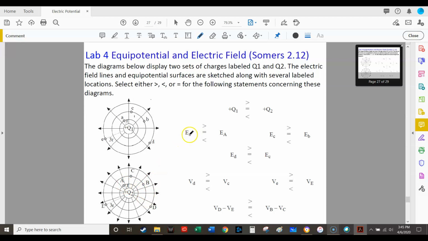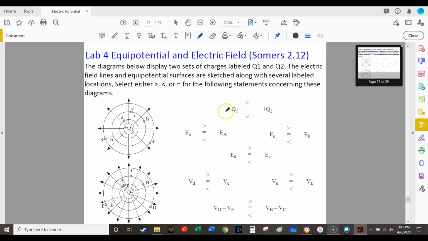So here we have E lowercase a compared to E capital A there. So that means we're comparing the electric field at this point to the electric field at this point. But you have to be careful, okay?